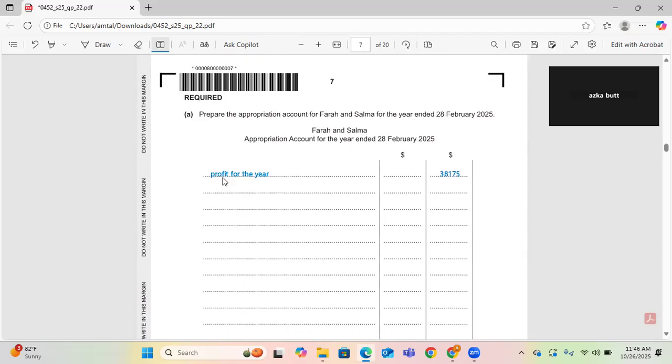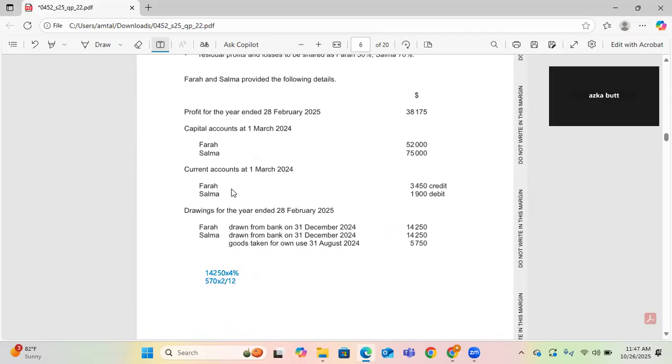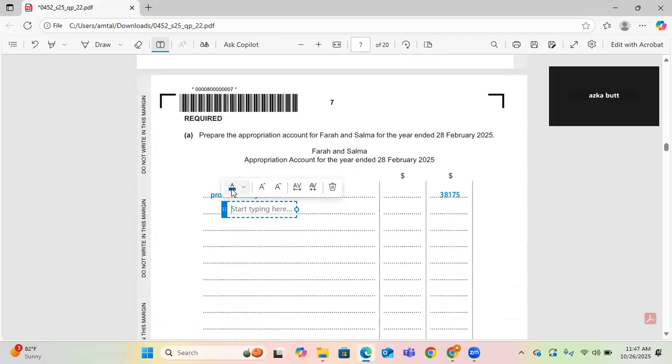So we will be writing Farah's drawing. I think Farah or Salma? Farah. Okay. So Farah's drawing is equal to 95.